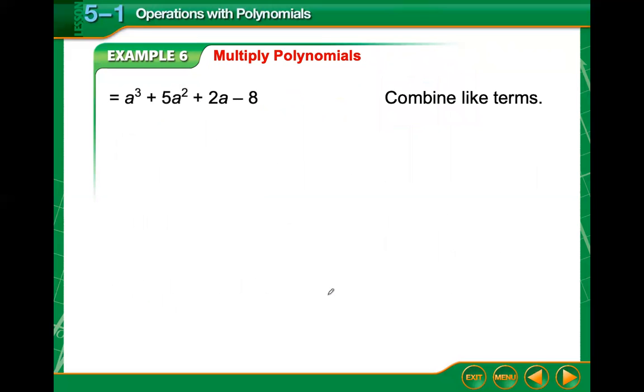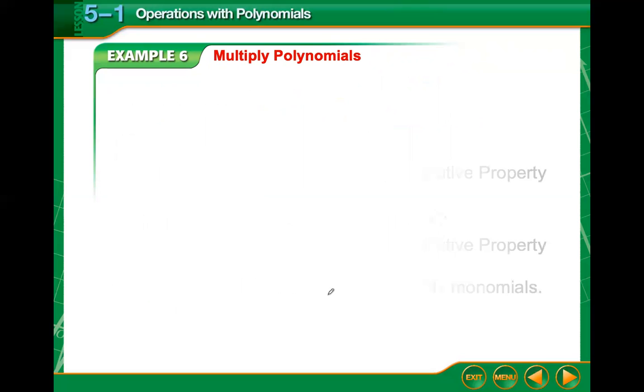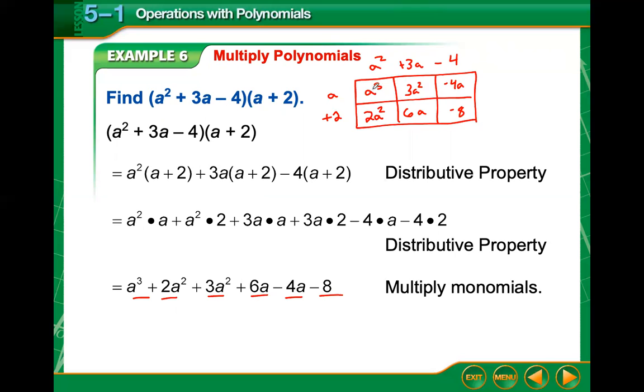So when we combine those like terms, we're going to get a cubed plus 5a squared plus 2a minus 8. But again, we had the same information in the box, and we tend to prefer this way more because it's less likely for us to miss a multiplication. It's not so horrible here when we just have it set up like this, but there's times when we'll do a 3 by 3 or a 3 by 4, and you need to make sure that you multiplied every term with the term they were supposed to be multiplied by.